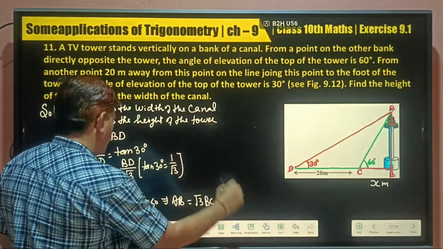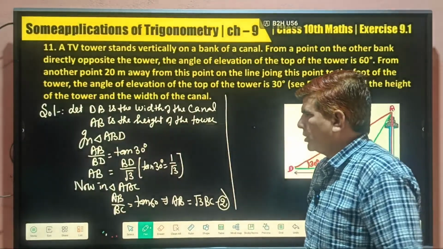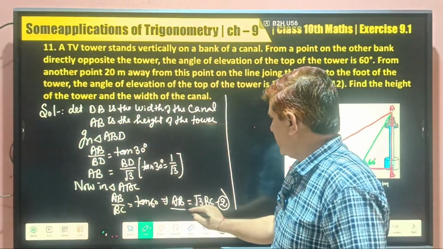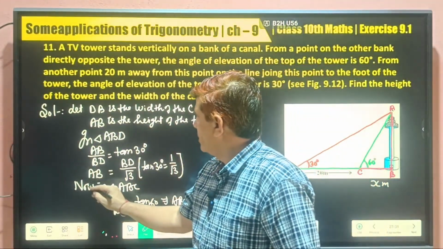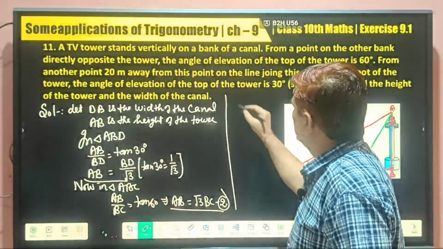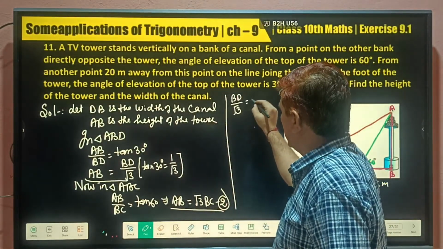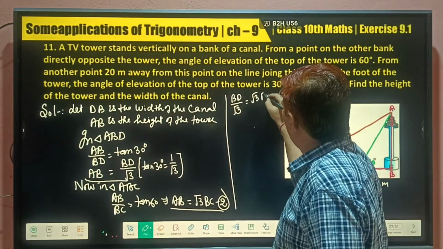This is your second. Comparing first and second, left hand side of both are equal. So we can write BD by under root 3 equal to under root 3 BC.